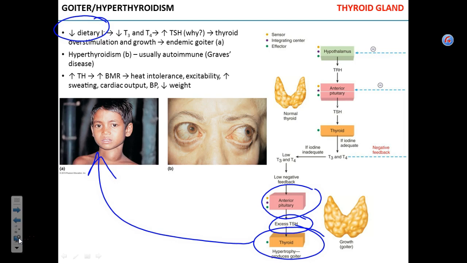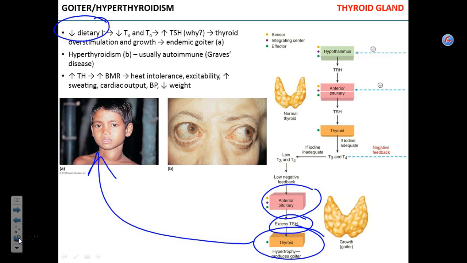Does that make sense? How can you correct this condition? Yes. And interestingly enough, goiter, the increased thyroid gland, will shrink a little. So it will not go back completely to normal, but it will shrink.